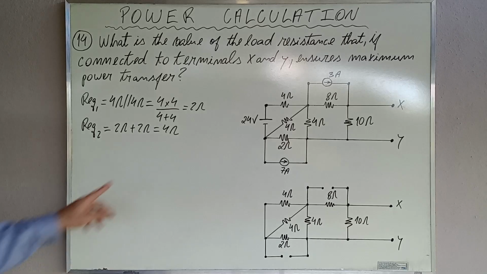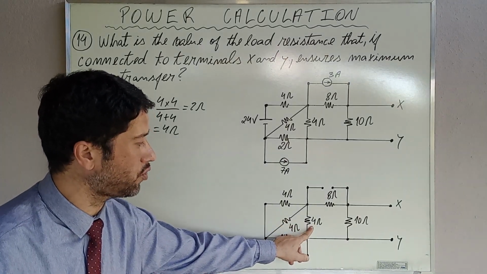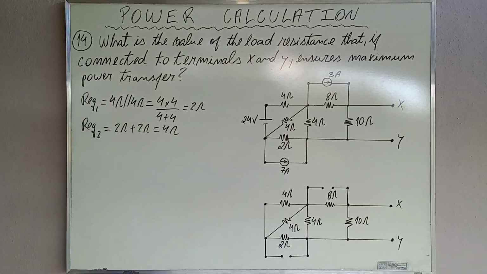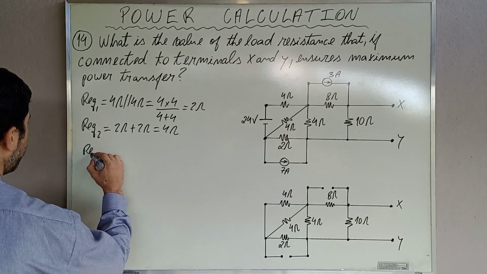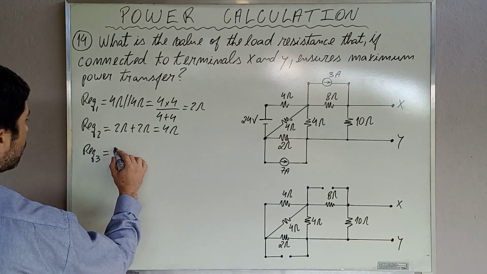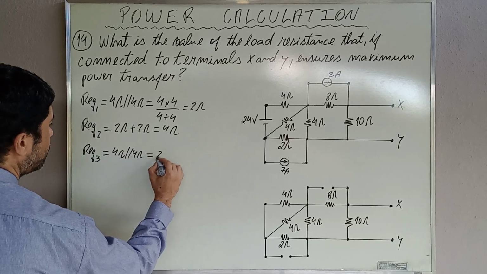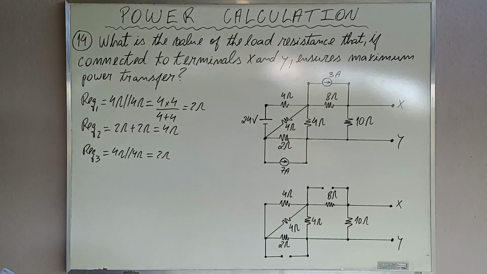These 4 ohms will be in parallel with these 4 ohms. And as we know, equivalent resistance number 3 is 4 ohms in parallel with 4 ohms, which is 2 ohms. We already calculated this.